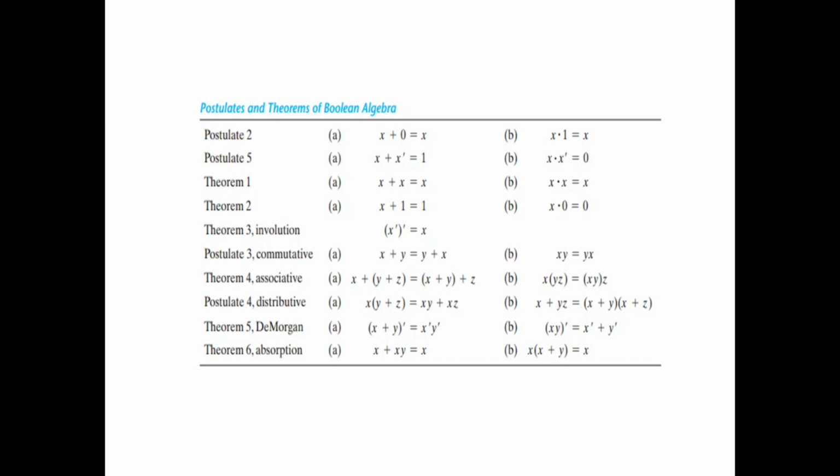Theorem 6a is x plus xy equal to x, and theorem 6b is x into (x plus y) equal to x. So listen here, in this all the postulate A and theorem A are defined with respect to the binary operator plus, and the postulate B and the theorem B are defined with respect to the operator dot.